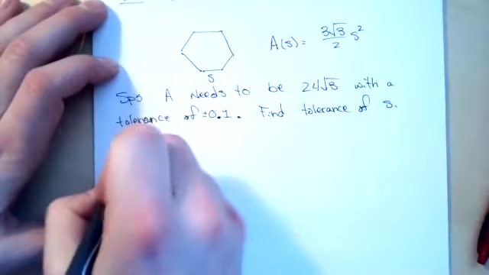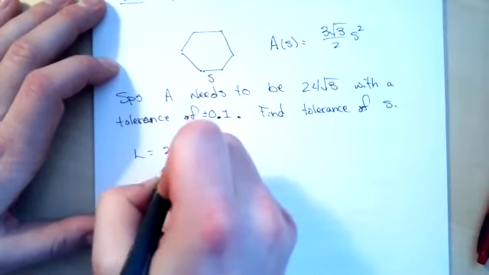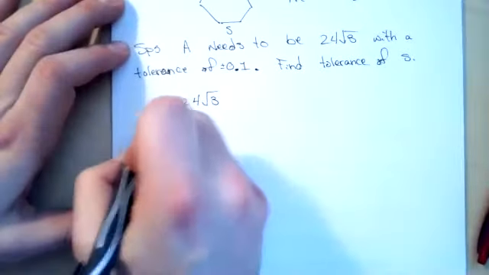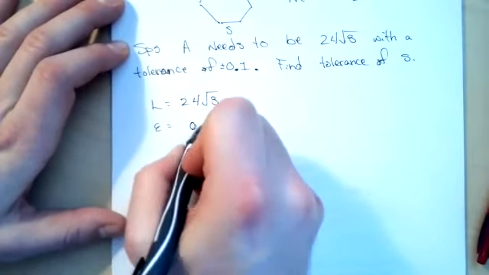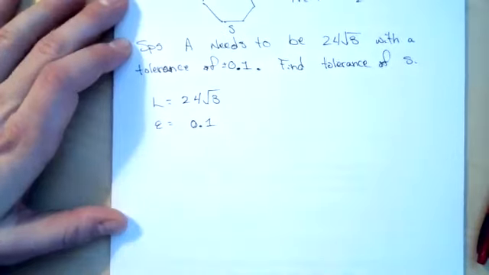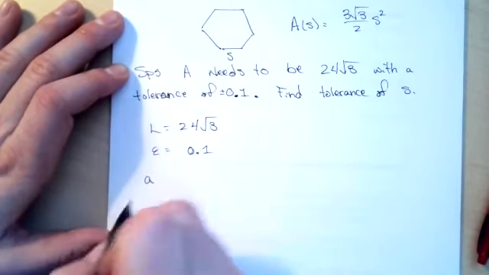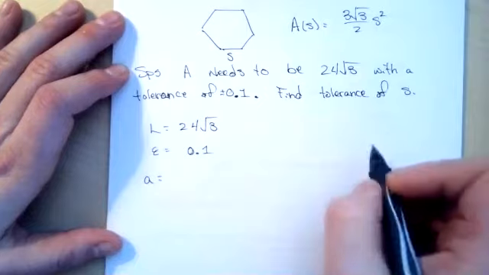So our L in this case is going to be 24 root 3. That's going to be the limit of the function. However, our margin of error, our epsilon, is 0.1. Our a value is going to correspond to the specific S value.